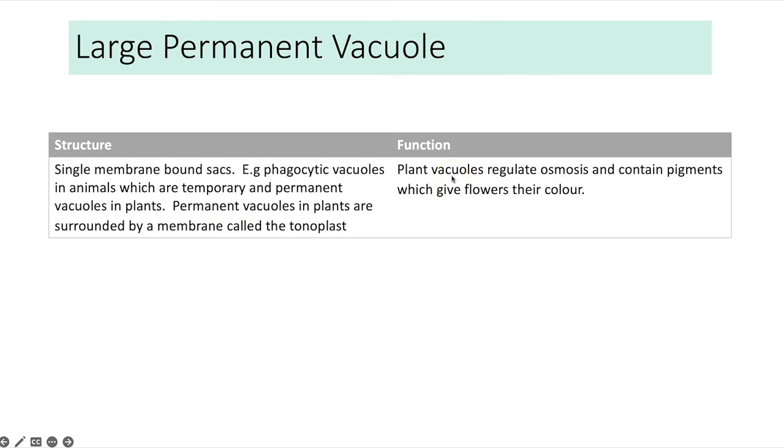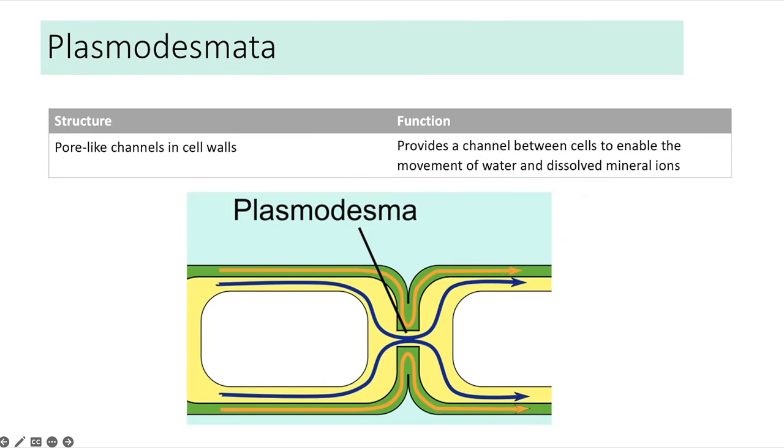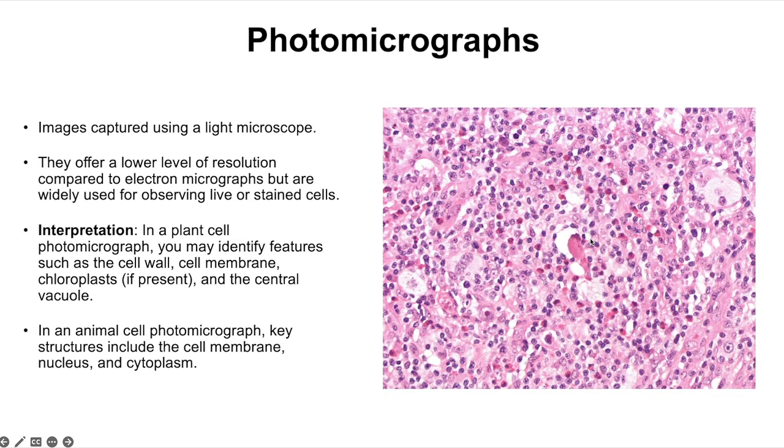The plant vacuole's function is to regulate osmosis, and also it contains the pigments which give flowers their colour, so it's going to attract pollinators. The plasmodesmata is the next structure, and these are pore-like channels within the cell wall, which we can see here, and that provides a channel between cells to enable the movement of water and dissolved mineral ions between cells.